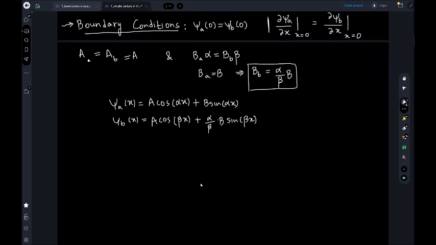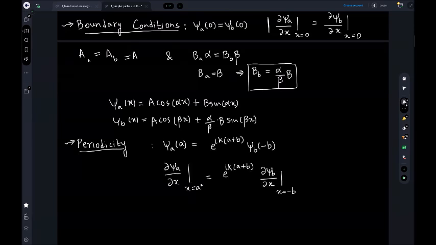Next we are going to use something called periodicity. It might be obvious, but we have to use periodic boundary conditions. So what I'm going to say here is that psi of A equals, I'm going to explain what I have just written here, these two equations.